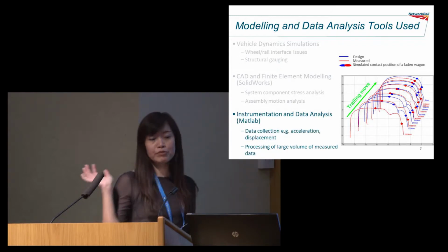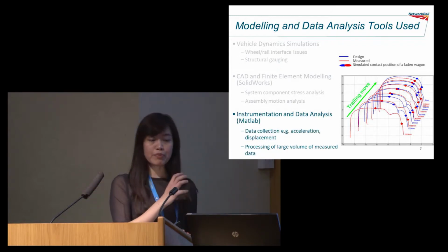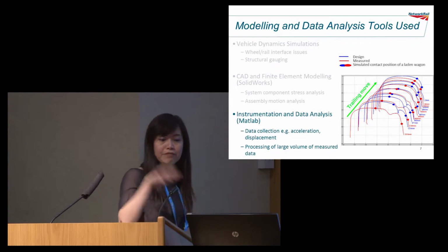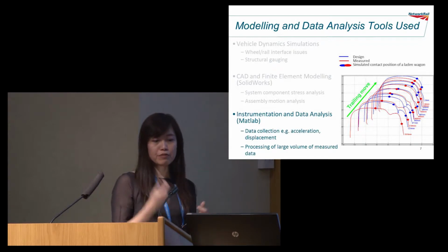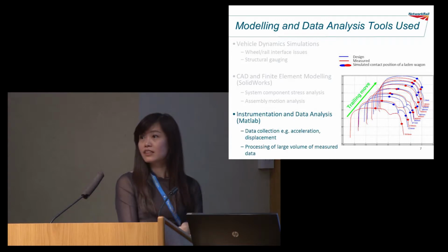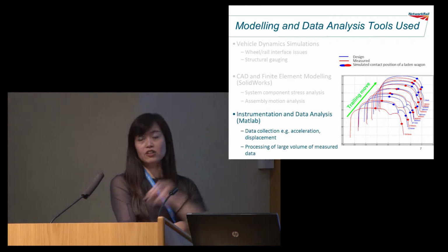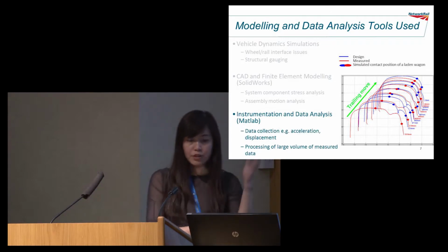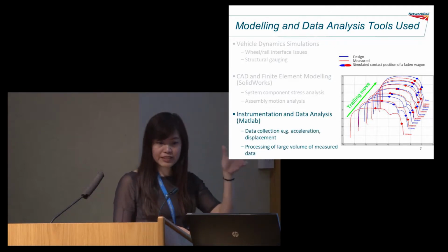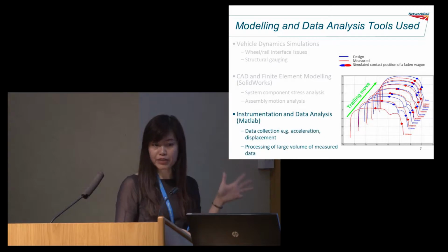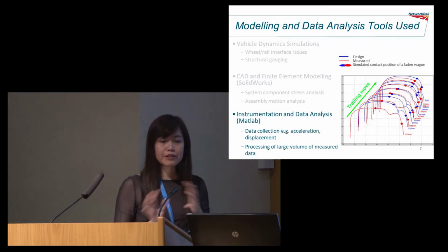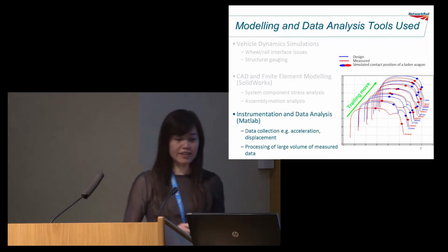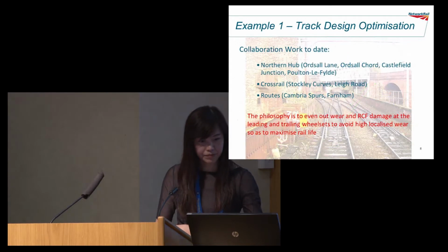I can have 500 rail profiles, and I just write a program in MATLAB, and it will read the 500 profiles within a few minutes and plot them out. The dots there are the contact position by a wheel. Blue is the design profiles, red are the measured profiles, so you can compare the difference between the design and the measured profile.